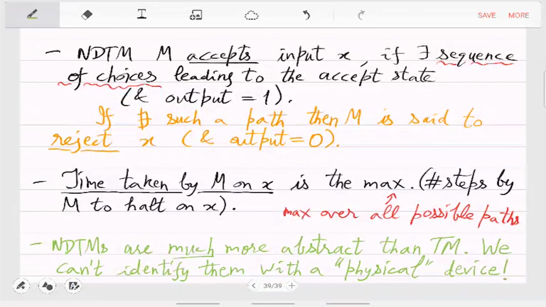Right, a physical device like a computer or even a quantum computer, we can't really identify NDTM with those because it is kind of checking all the paths, and there are exponentially many paths. So there is no way to efficiently map this to a physical device. I mean, if you try to map it to a physical device, then the time becomes exponential. It becomes a bad algorithm.